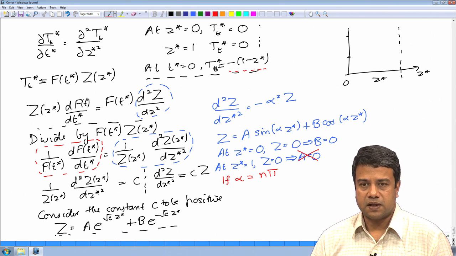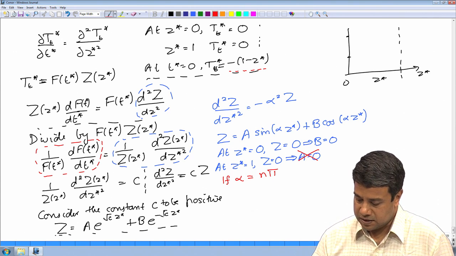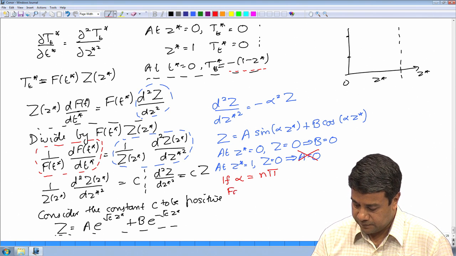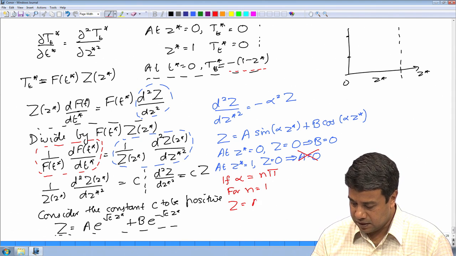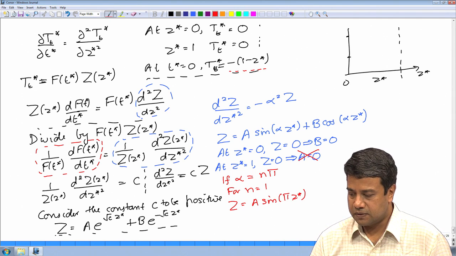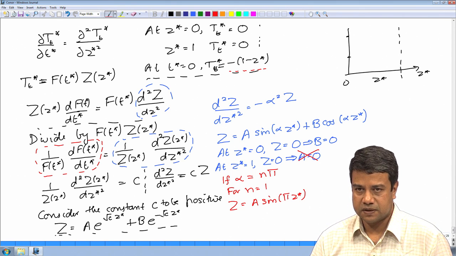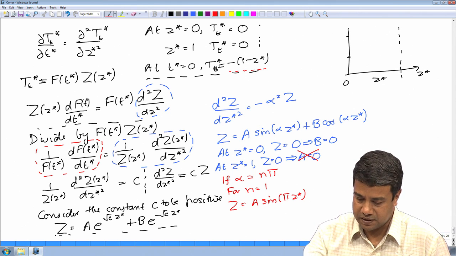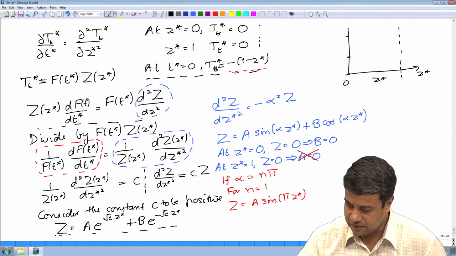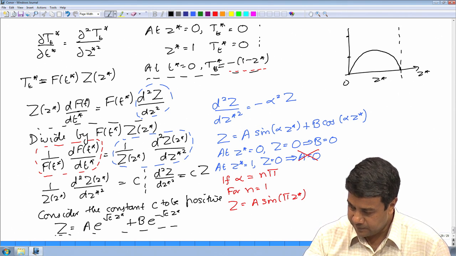So, take the case of n equal to 1. That means that Z is equal to a sine pi z star, and at z star equal to 1, the sine function is equal to 0. So, you get a function that looks like this, the sine function that goes like this.